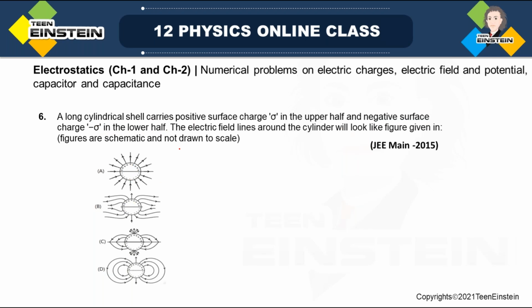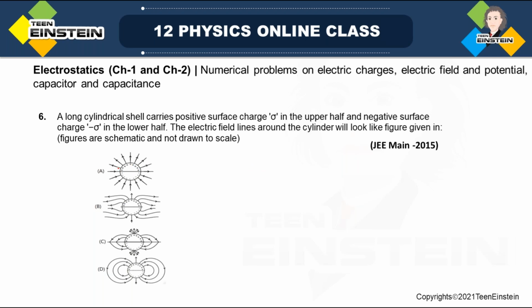So the upper half is positively charged, the lower half is negatively charged. The question is, the electric field lines around the cylinder will look like the figure given in. So mainly the question is the pattern. What will be the pattern of the electric field lines in this case?